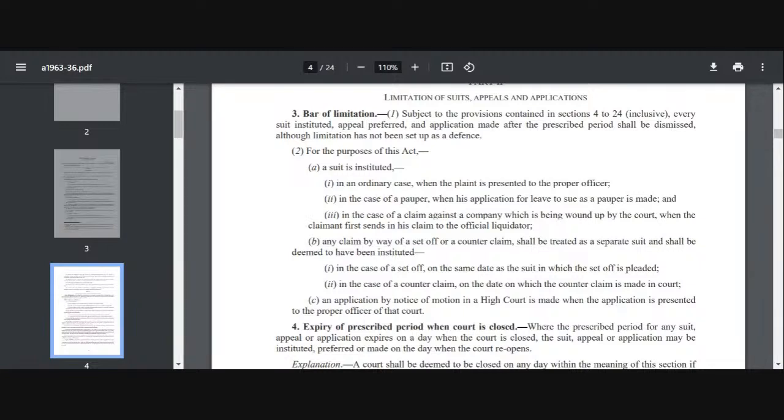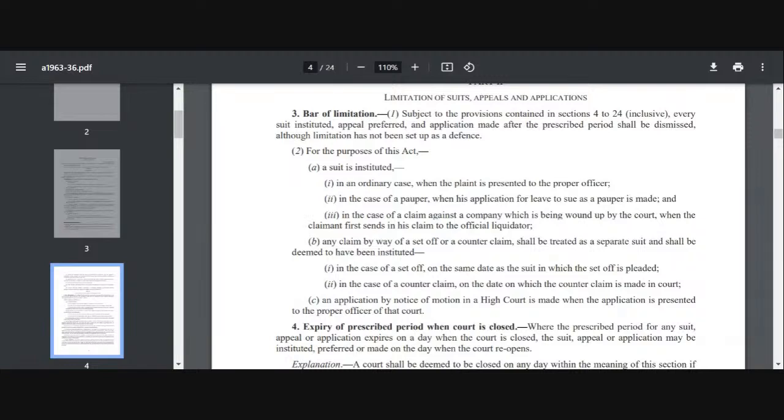I have already instituted a suit a day before, but I forgot to include set off in my suit, which I am later claiming. On my written statement date, it was the last day, so in a rush and hurry, I submitted my WS, but I forgot to claim my set off from the plaintiff.